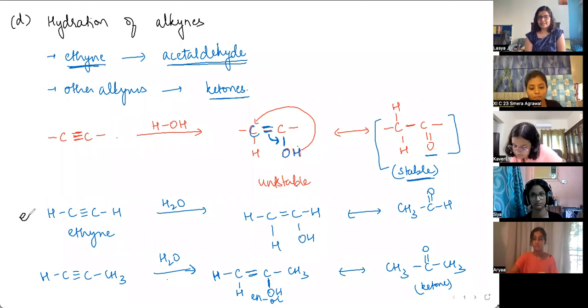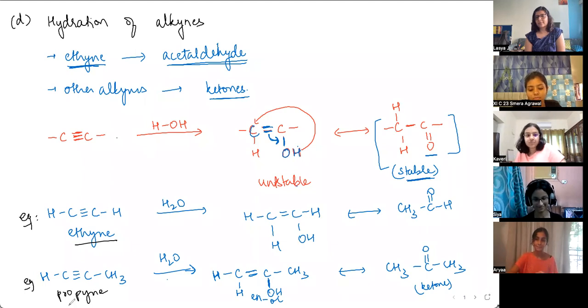This is an example, which is ethyne, this is propyne. I have not filled in the bonds here. It's the general version of the reaction. But in the red one, where it's empty, if we put H, that will become acetaldehyde. If you put H on both sides, acetaldehyde. If you put something else, it'll be different.